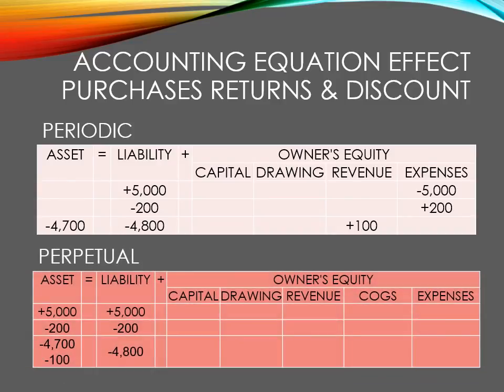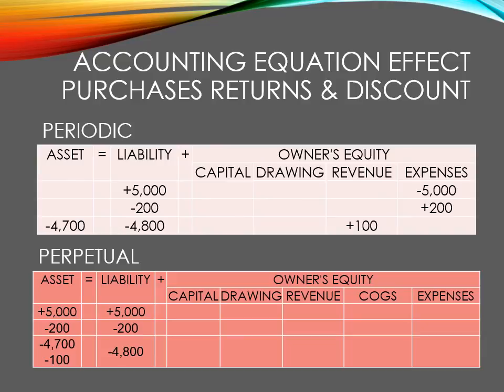However, for the perpetual inventory system, when you have returns and pay the supplier and you receive a discount, it will be different. Let's say you return 200 ringgit, just the same as the periodic example.